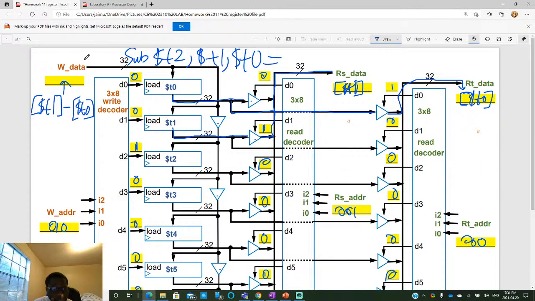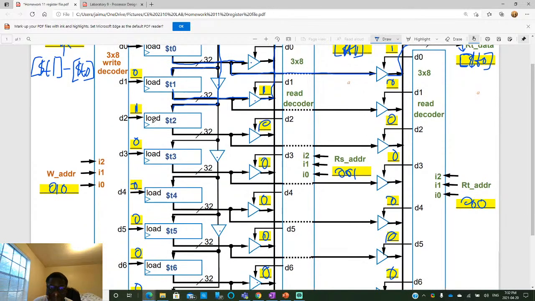And now, how does this subtraction value get written into T2? Well, let's trace. You have the input coming this way, right? And then it goes this way, like this, like this. Notice that this output always goes into every register, but only the register that has a load.